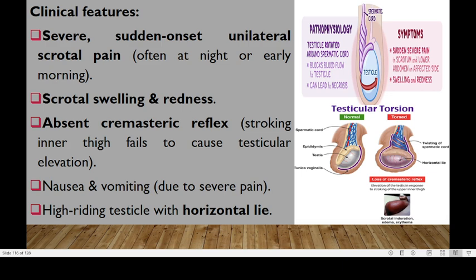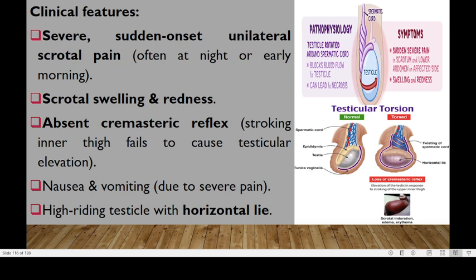Like you can see the testis in the bell clapper deformity, it's more horizontal, right? It assumes a horizontal lie against the normal lie for the normal testis. Notice that on our diagram, right?